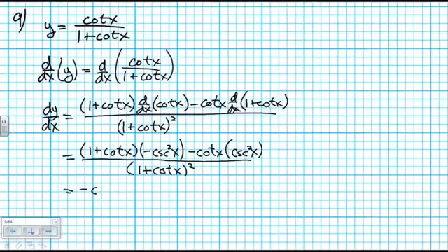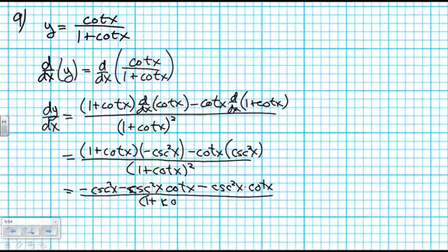Distributing, we get negative cosecant squared minus cosecant squared x cotangent x minus cosecant squared x cotangent x, all over (1 plus cotangent x) squared. And it looks like I messed up.